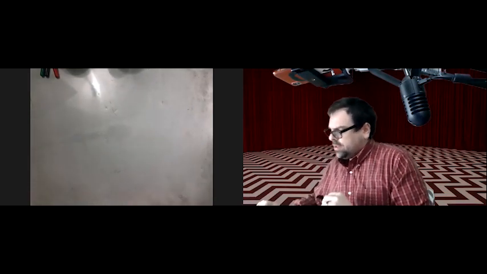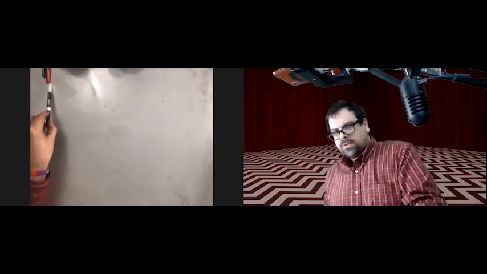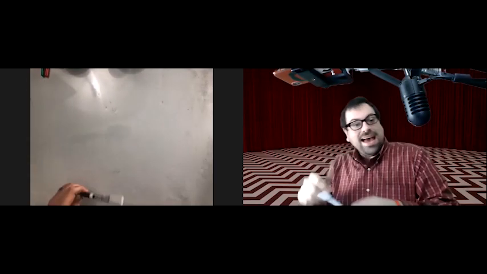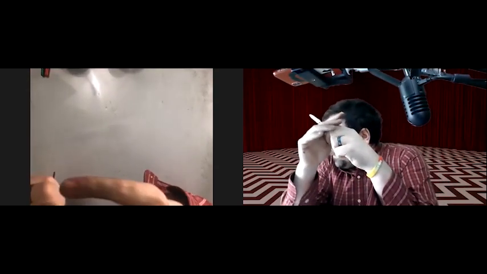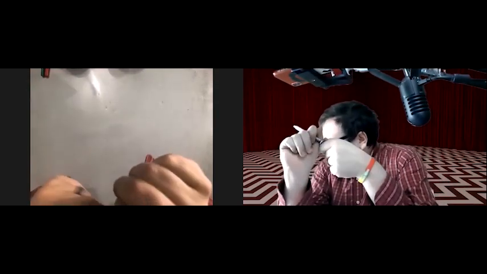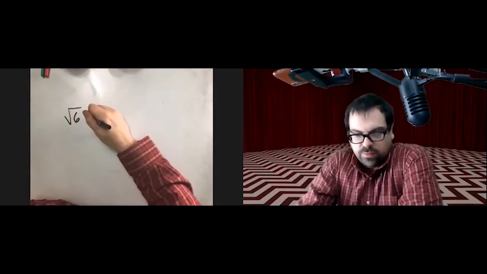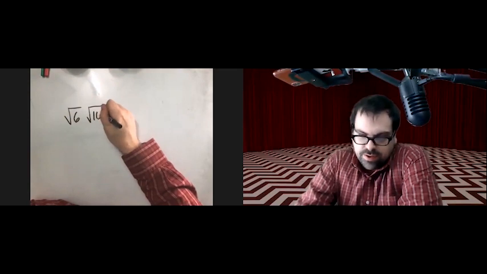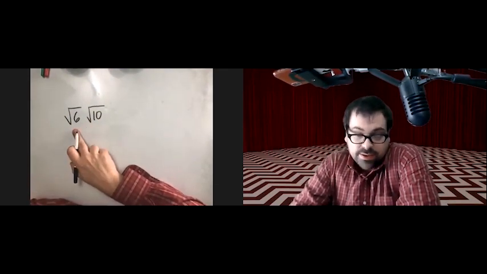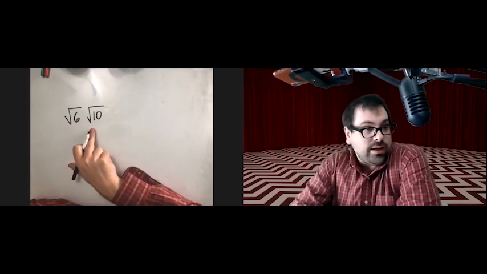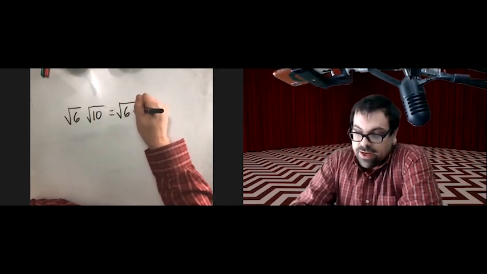So as we move into the next section, we're going to move from adding and subtracting the radicals to multiplying. And as kind of a refresher, the product property, the property that says if we're multiplying two radicals together, we can multiply underneath.